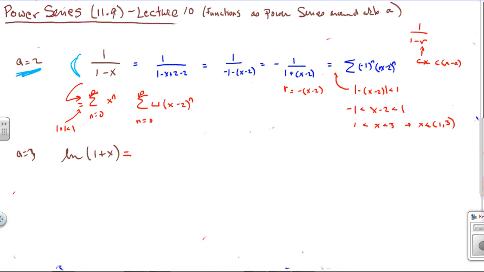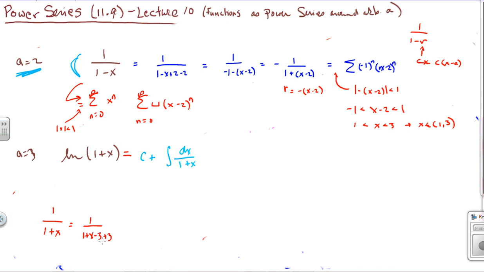So we see this as the c plus the integral of dx over 1 plus x. And let's go to the side and look at 1 over 1 plus x. Now we know how to write that as a power series expanded around 0, right? But let's expand it around 3. So I'm going to write this as 1 over 1 plus x minus 3 plus 3.